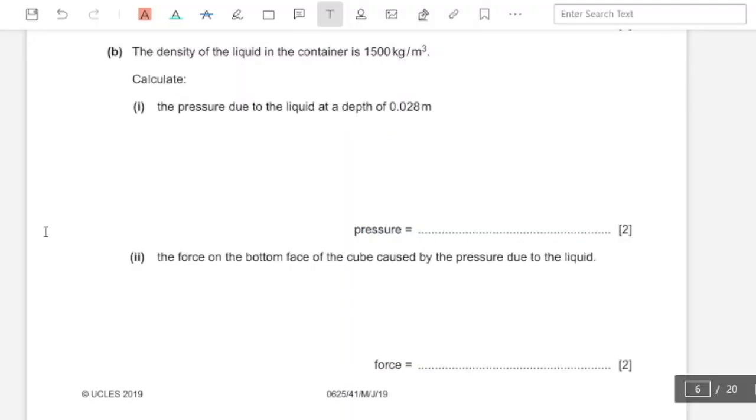B. The density of the liquid in the container is 1500 kilograms per meter cube. Calculate 1. The pressure due to the liquid at a depth of 0.028 meters.